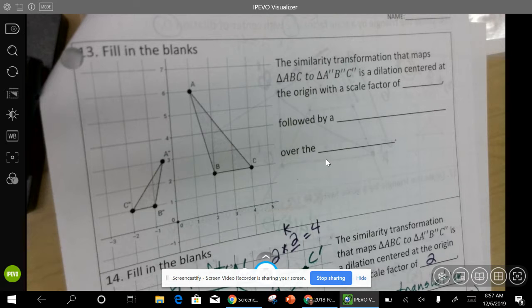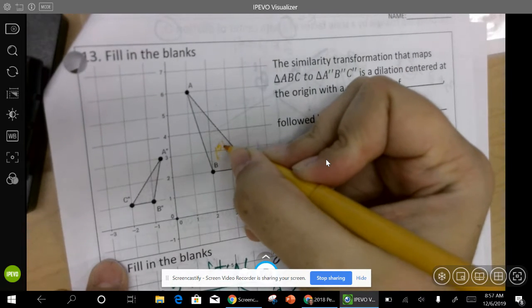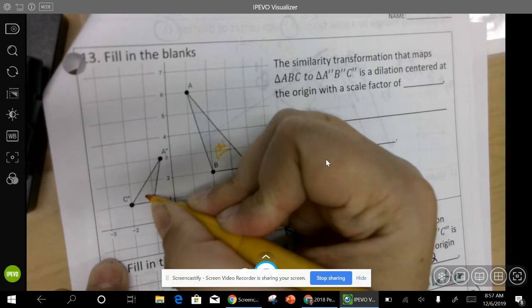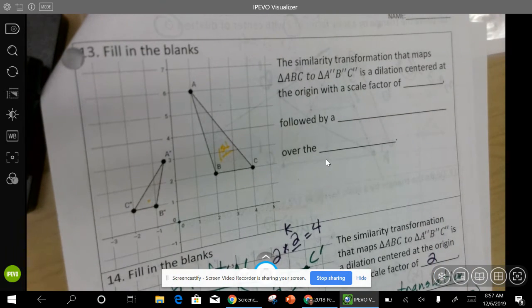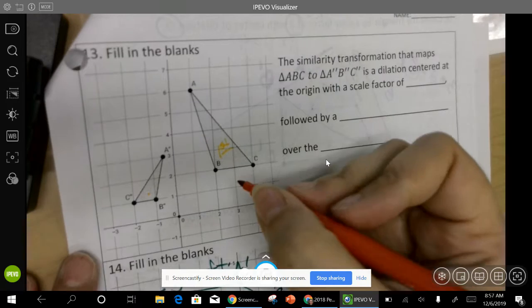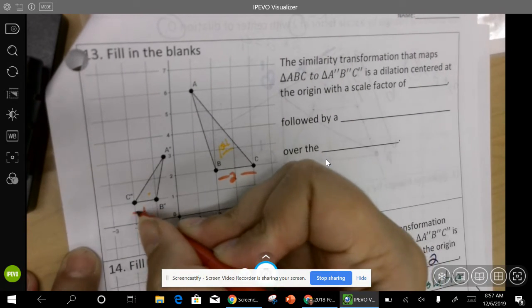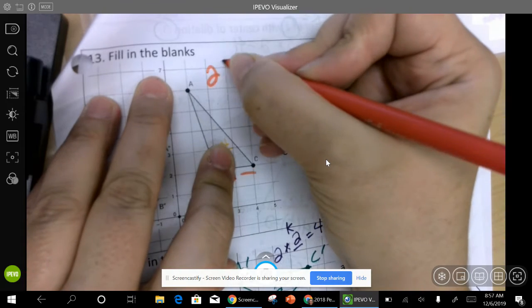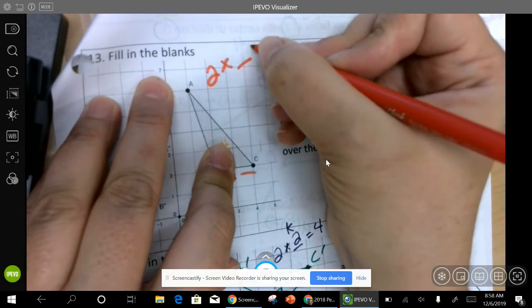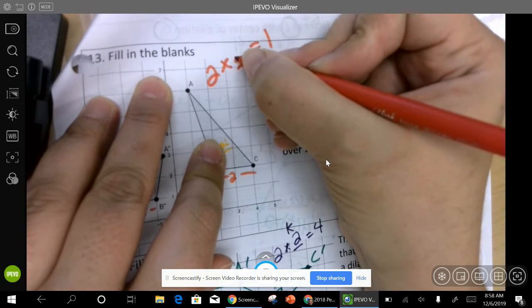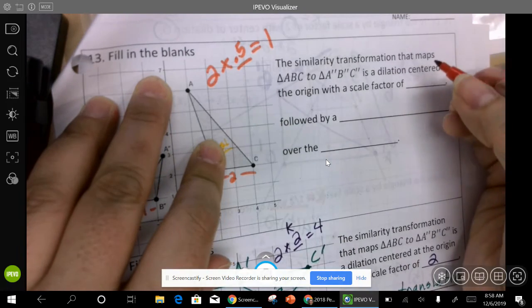Okay, for this one, everybody, I look at it and I go, okay, this is my first, and this is the last one, so I know it has to go smaller. Again, everybody pick a side, so I'm looking at the side, so the side's 2, the side is 1, 2 times what gives me 1, and that would be 0.5.